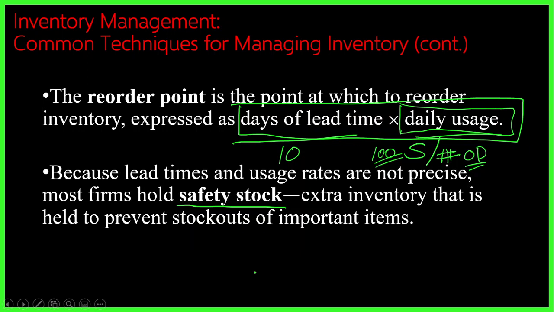Normally 20 per day, but sometimes it becomes 25 per day. So to avoid stockouts because of the fluctuation in demand, your safety stock can be based on the difference of the normal usage and maximum usage. So let me repeat that. For safety stock, there are two: it could be based on the difference of your lead time, and it could be based on the difference of your usage.